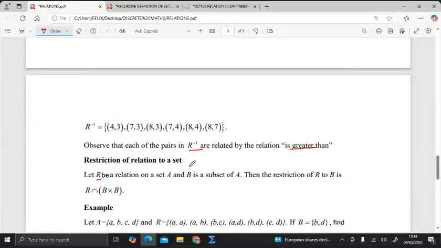We have what you call a restriction of a relation to a set. How do we restrict a relation to a set? There is a background to this.